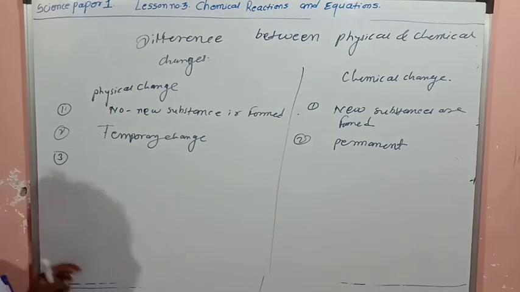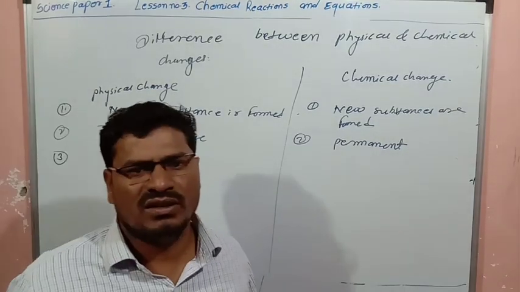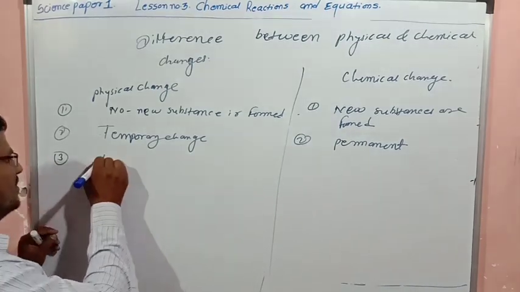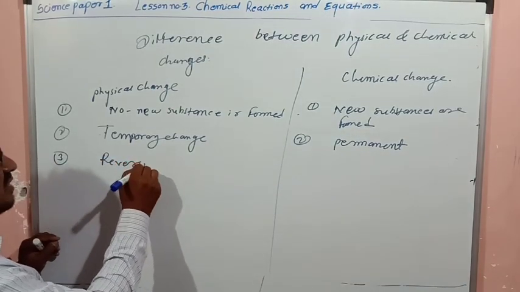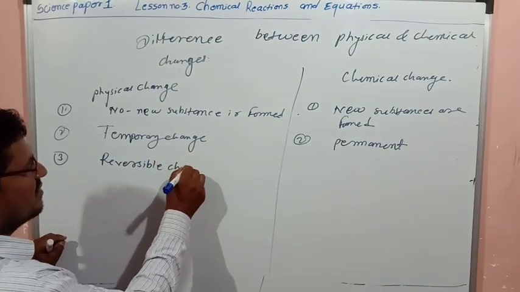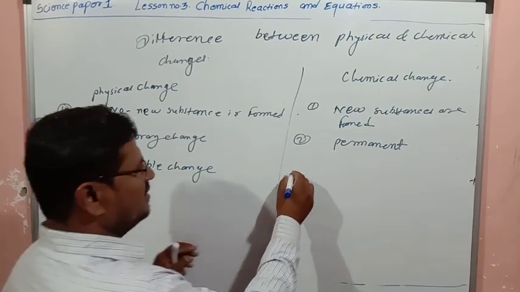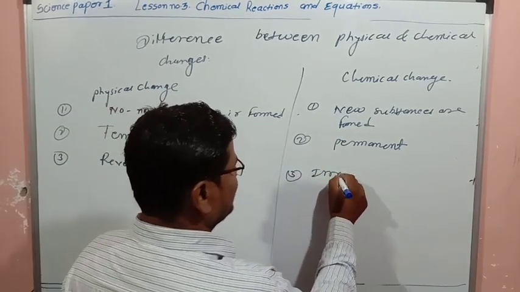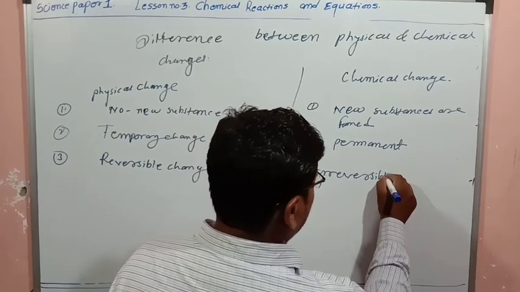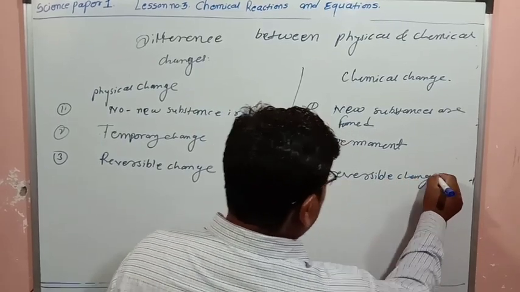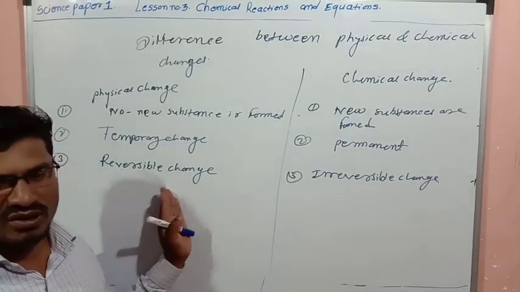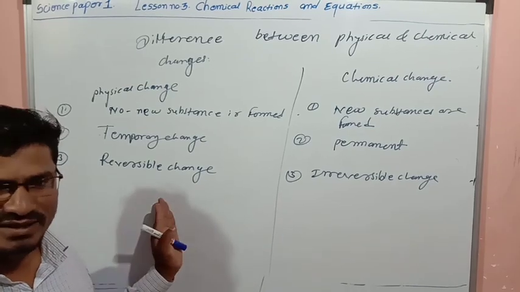Third one is that physical change is a reversible change. And here it is an irreversible change. That means ice can be converted into water and water can be converted into ice.